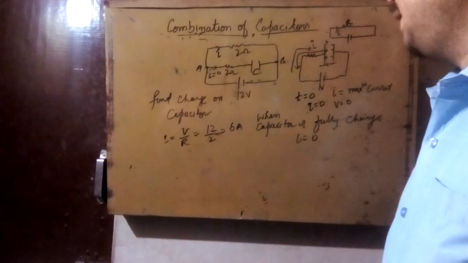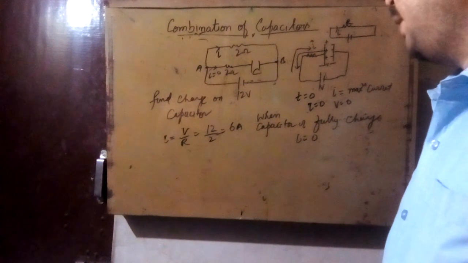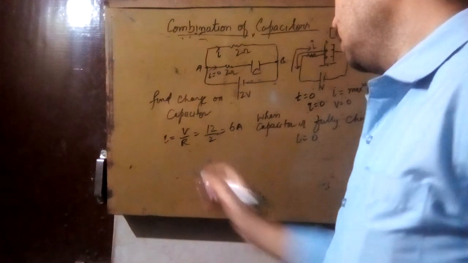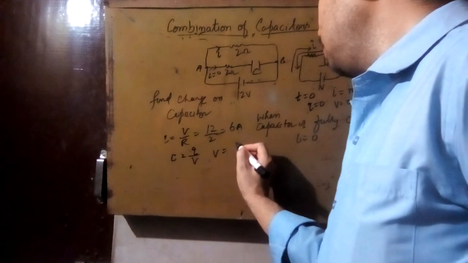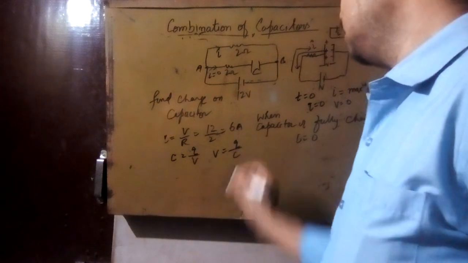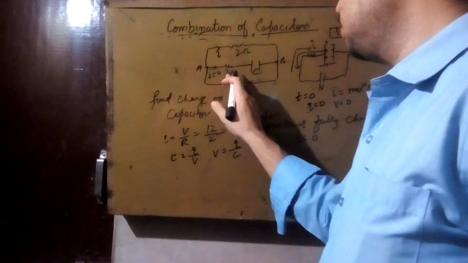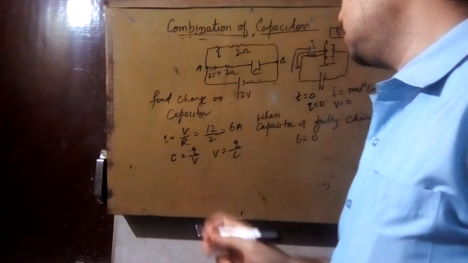If the voltage across this is 12 volt, then how do we solve? C = Q by V, so V = Q by C. Voltage is 12 volt. Because no current is flowing through the resistor, no voltage drop will appear across it. So all the voltage will appear across the capacitor.